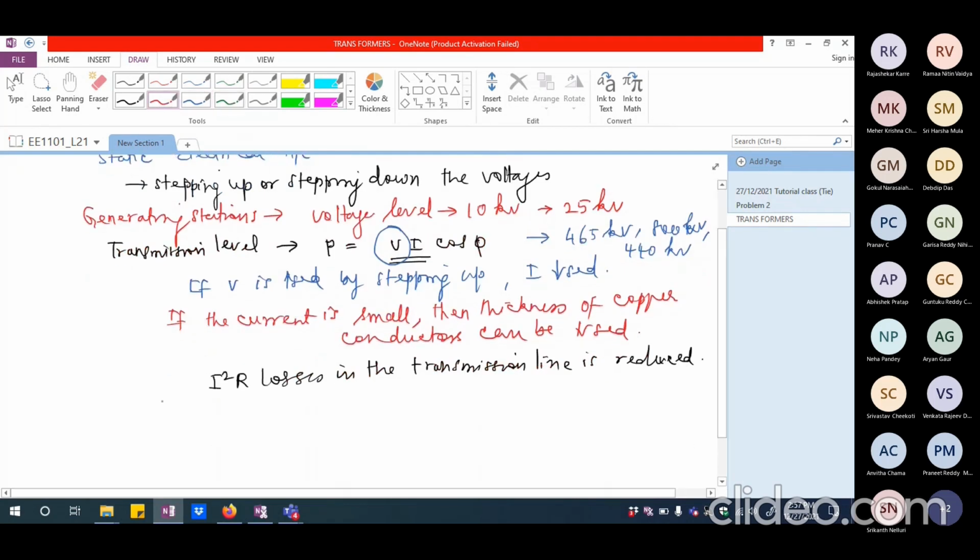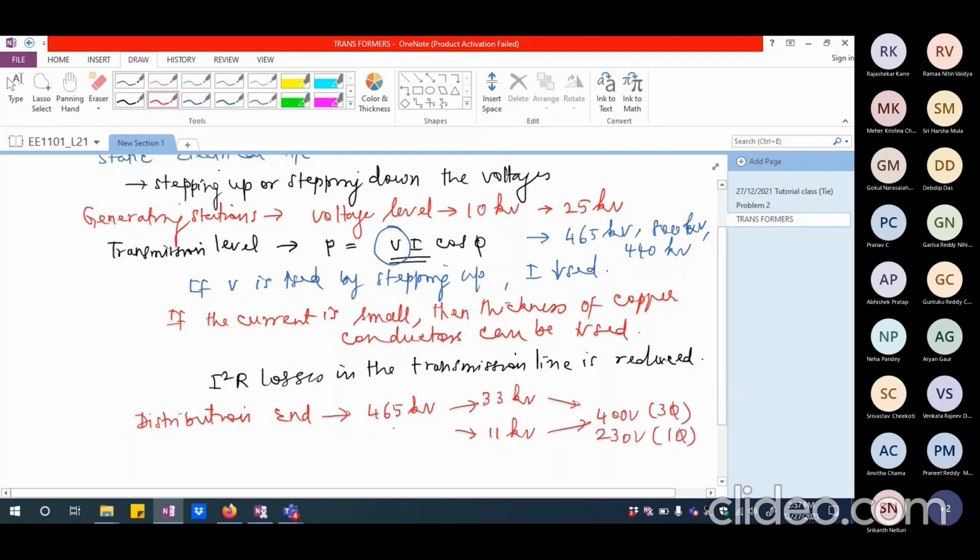Similarly, at the distribution end, finally when it comes to houses or any industry, the voltage from 465 kV or so is stepped down to either 33 kV or 11 kV. From here it may be further stepped down to 400 volts three phase or 230 volts single phase. This is what is done at the distribution end, so this is the step down action.